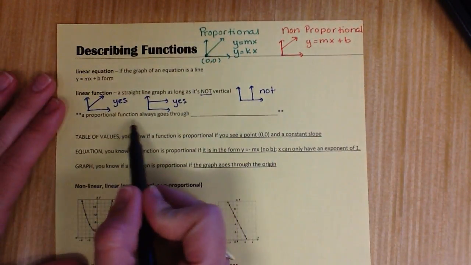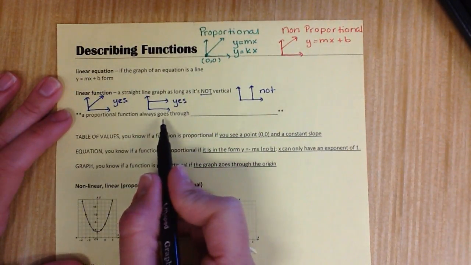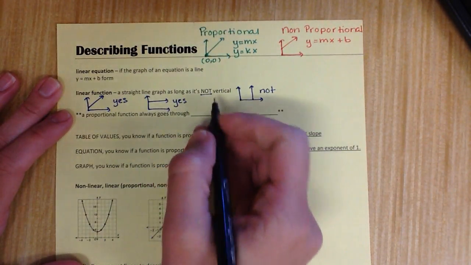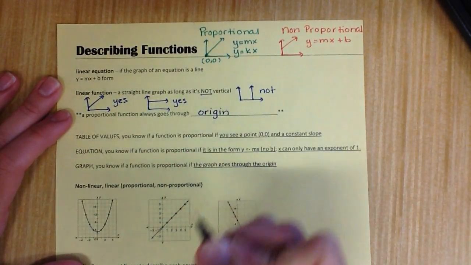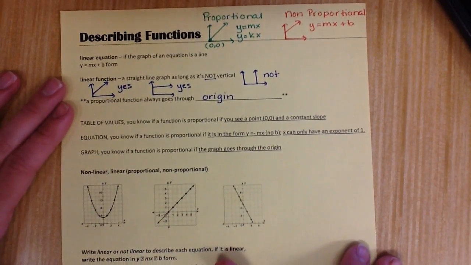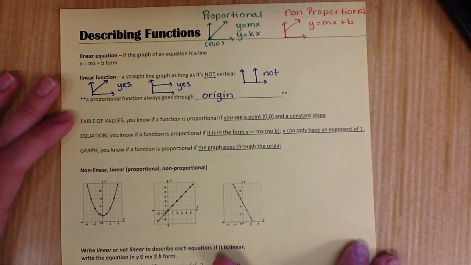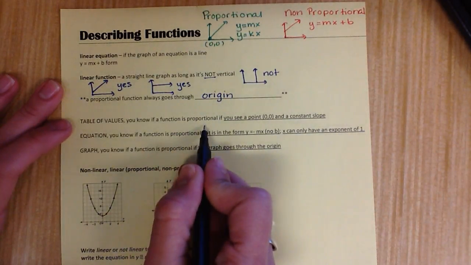Okay, proportional functions, same as the proportional relationship up here, always goes through the origin. So you're going to notice that a lot of this information is familiar. We're pretty much reviewing our previous chapters. So now how do we know if a function is proportional?